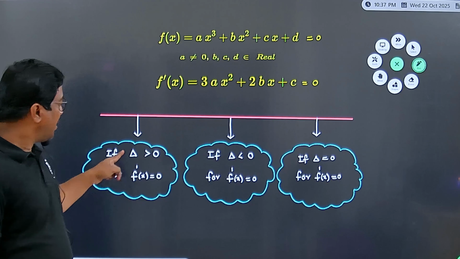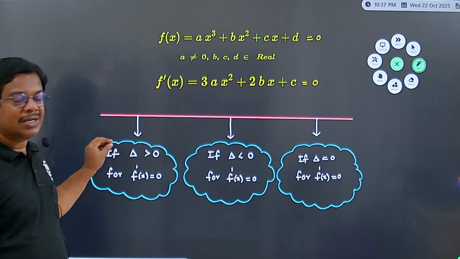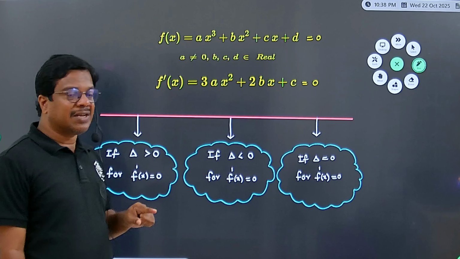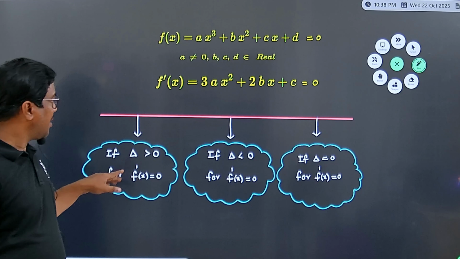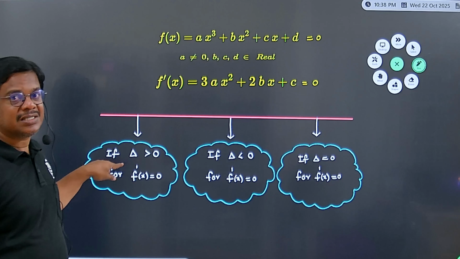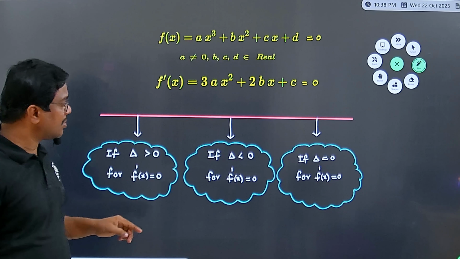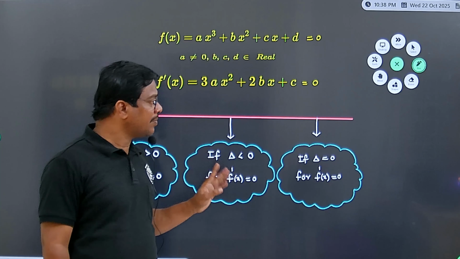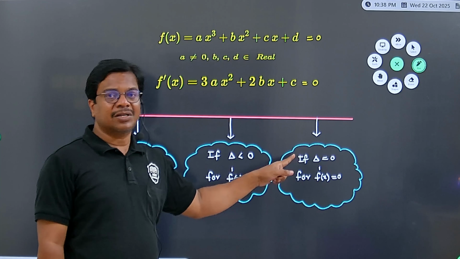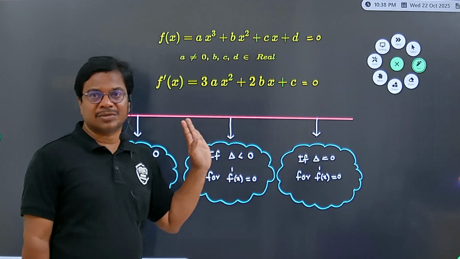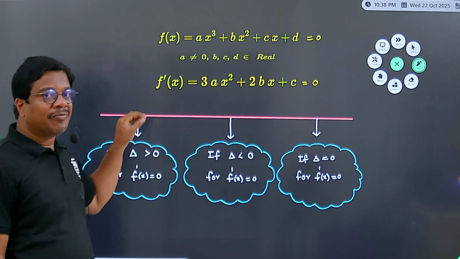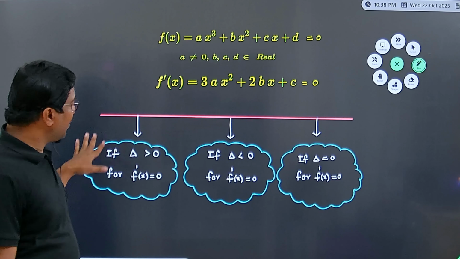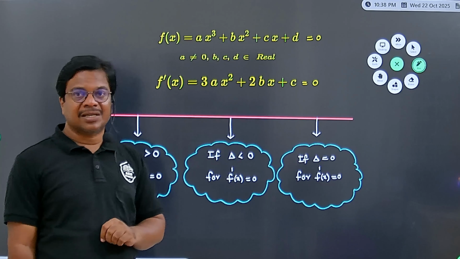Here, delta, the discriminant, greater than 0 for f dash of x equal 0, then we can say that f dash x has 2 different real roots. If delta less than 0, it has no real roots, and if delta equal to 0, it has 2 equal roots. Yes, from the second degree equation you will get these 3 cases.